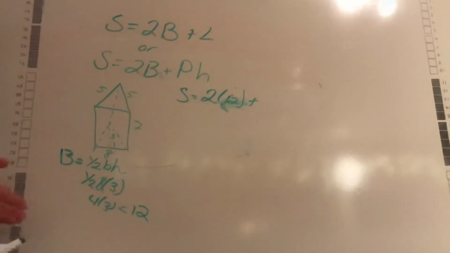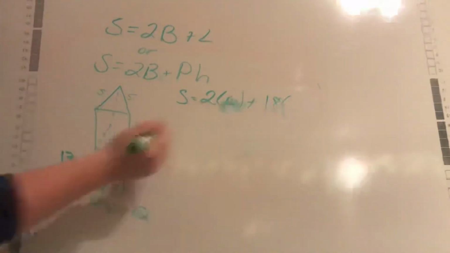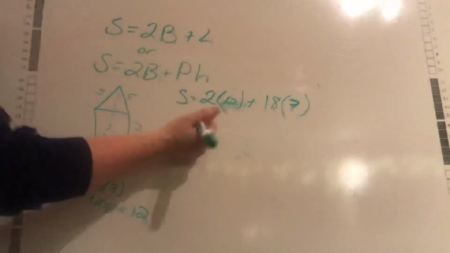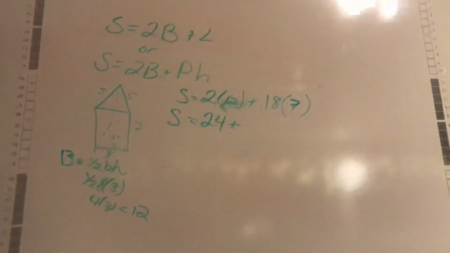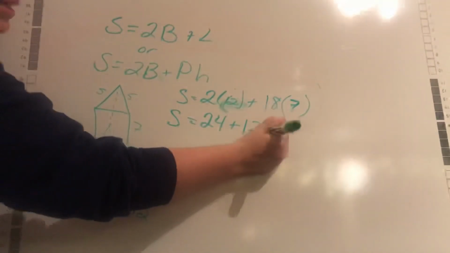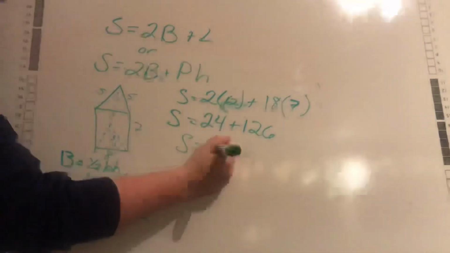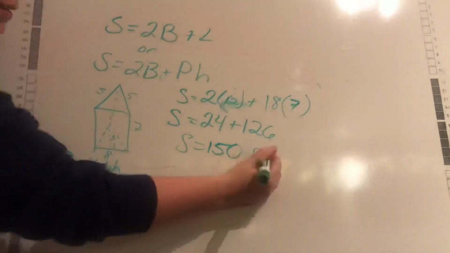That's 18. So it's 18 times our height, which is 7. So S equals 2 times 12, 24, plus 18 times 7, which is 126. We add those together, and we get 150 feet squared.